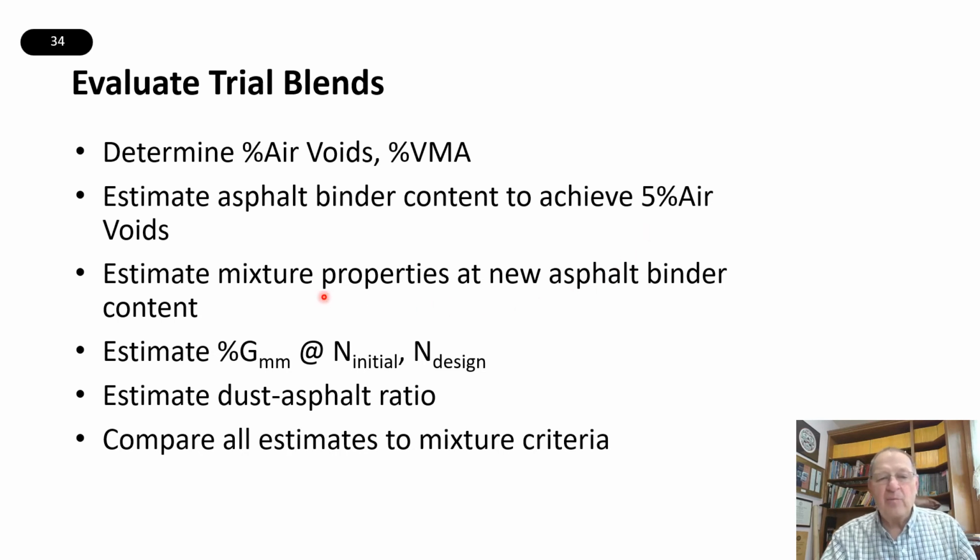And then we can estimate the mixture properties for each of the trial blends at a new asphalt binder content. We can estimate the properties of the percent of maximum theoretical at the N initial and at N design. We can estimate the dust to asphalt ratio, and we can compare all these estimates to the mixture criteria.